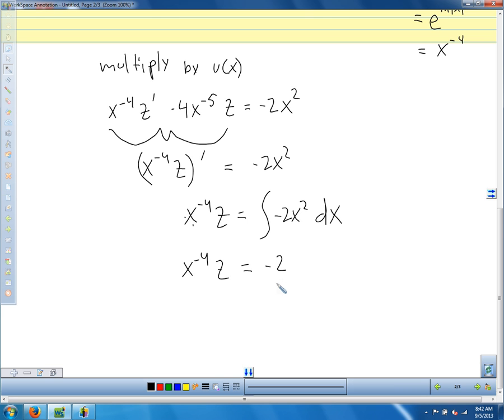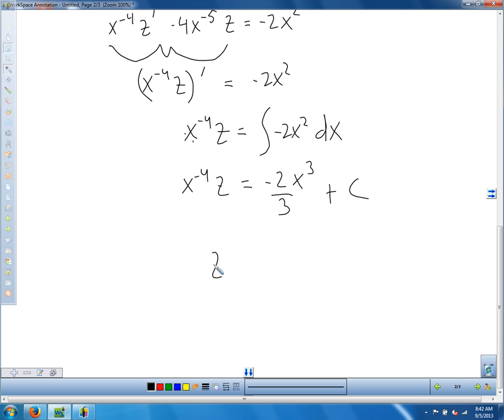Minus 2 x cubed over 3 plus c. So now I can solve for z. Z equals, divide everything by x to the minus 4. So I get z equals minus 2/3 x to the 7th plus c x to the 4th.